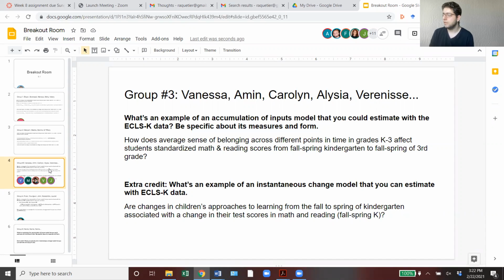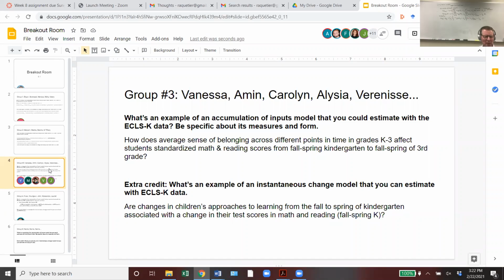So we are predicting a change in math scores, predicted by changing approaches to learning from one point to the other.